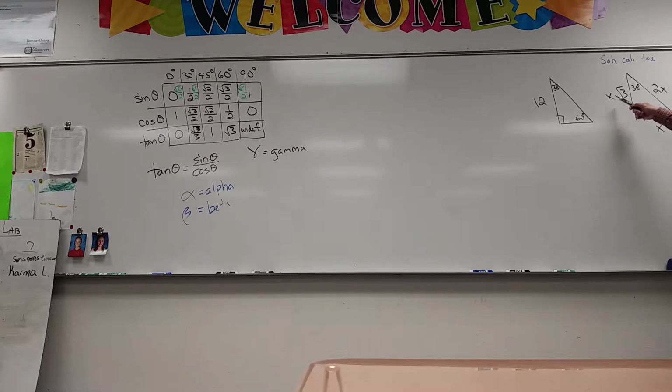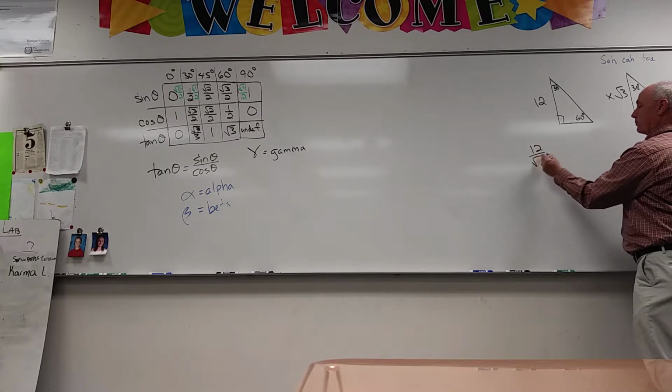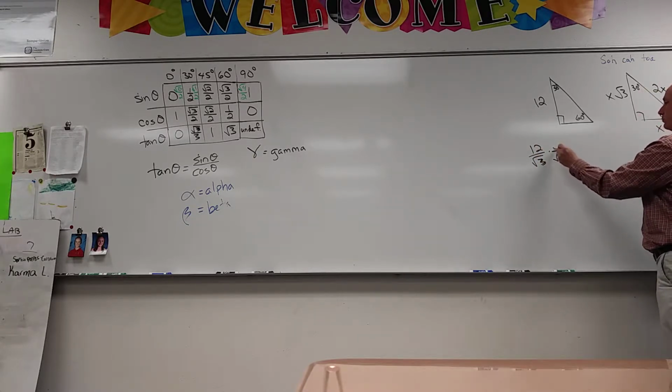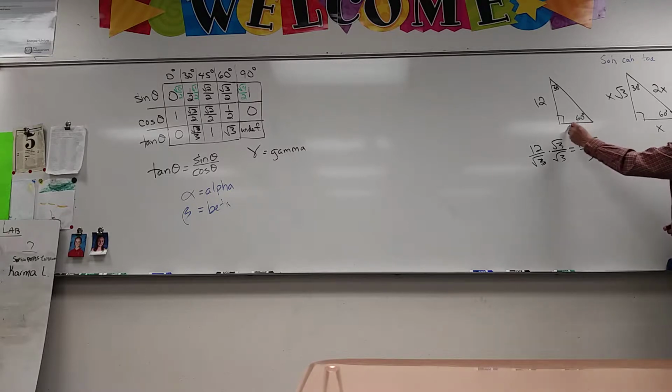If we have this, and we're trying to find this, what do we do? Divide by the square root of 3. So we will take 12 and divide it by the square root of 3, and have a radical in the denominator, so we'll rationalize, which gives us 12 root 3 over 3, which becomes 4 root 3.